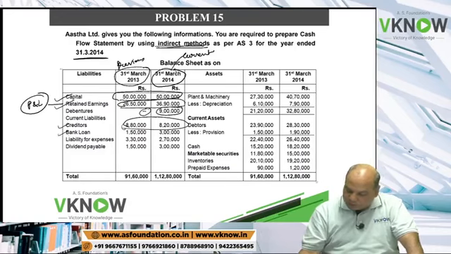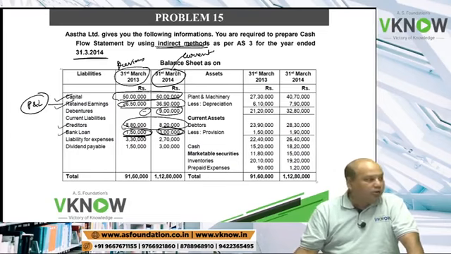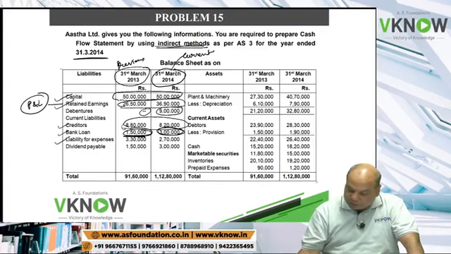Bank loan. From 150 it has become 3 lakh. Liability for expenses. This is a current liability item.